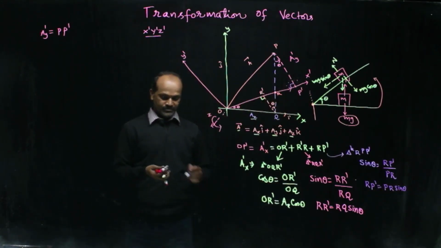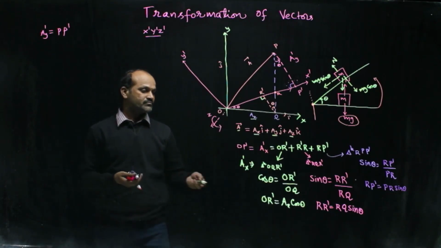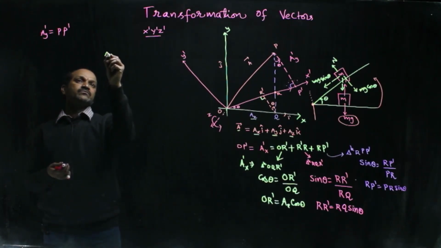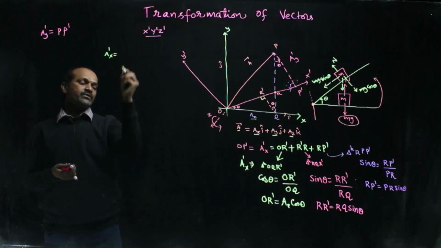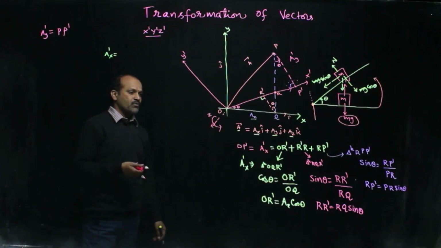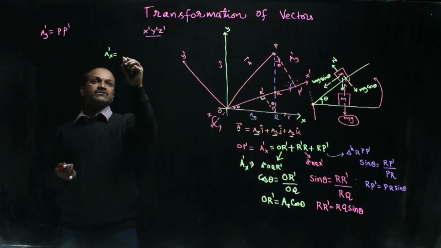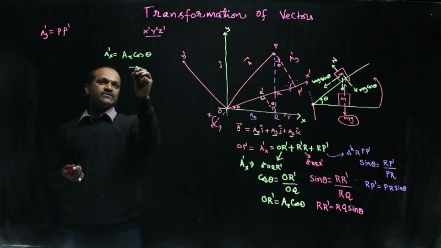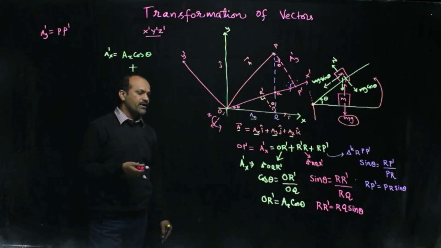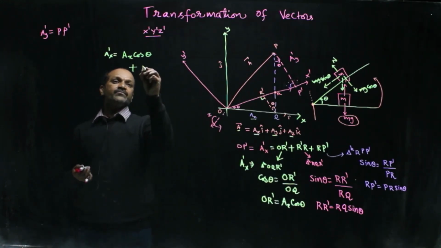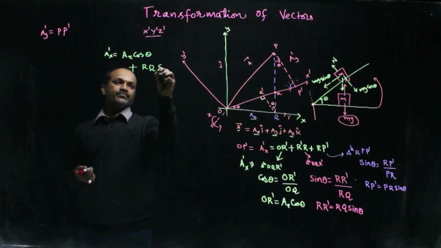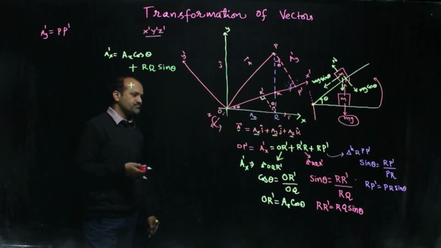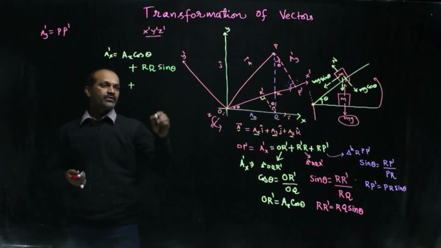So RP dash is equal to PR sin theta. Let us substitute these things in the equation. Then Ax dash is equal to, what is OR dash? Ax cos theta, plus what is RR dash? RQ sin theta, plus what is RP dash? PR sin theta.